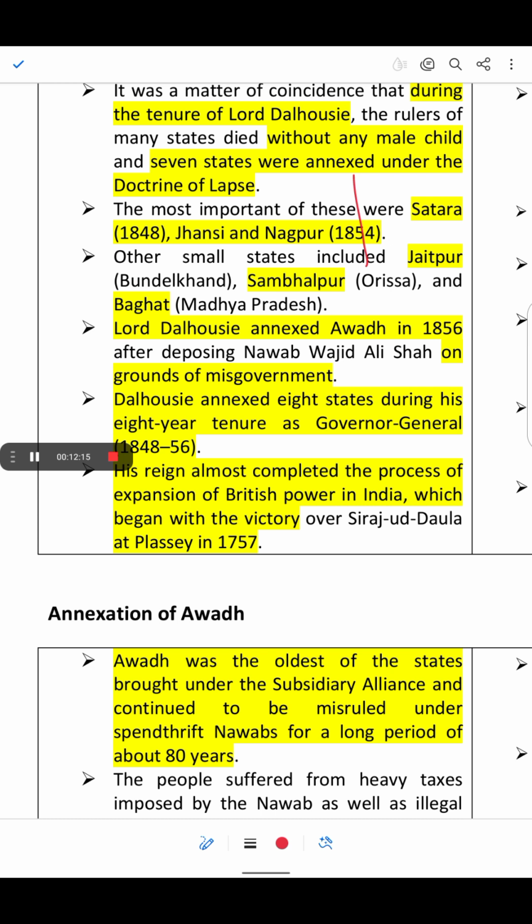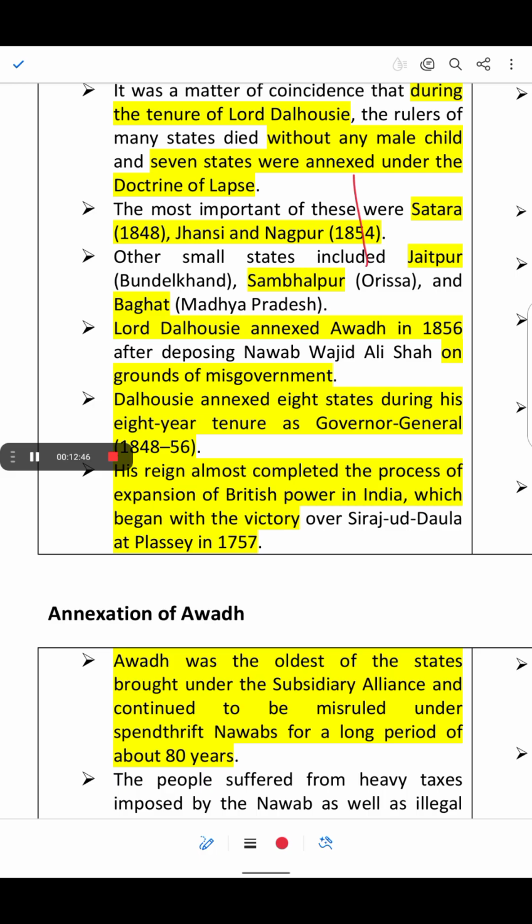During Lord Dalhousie's rule, many cases arose where this policy could be used. This allowed the British to annex several Indian states without any war. Satara, Sambalpur, Jhansi, Nagpur, and Awadh are examples of states annexed under the Doctrine of Lapse.